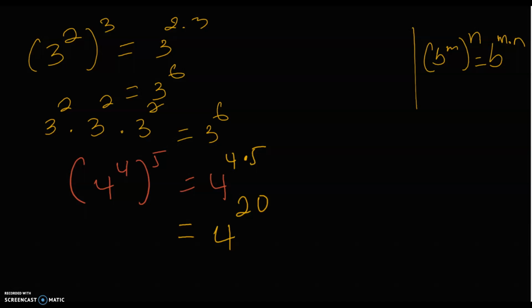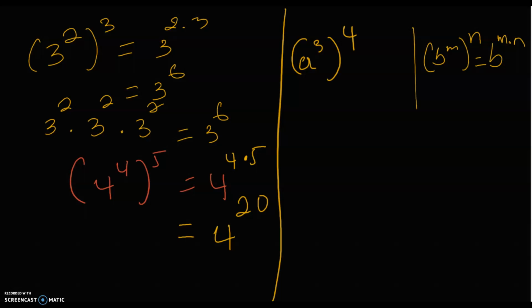Did you get it? Now, let's do another example. If you have a raised to the third power and raised to the fourth power, the answer is a to the third times 4, which is a to the 12th power.